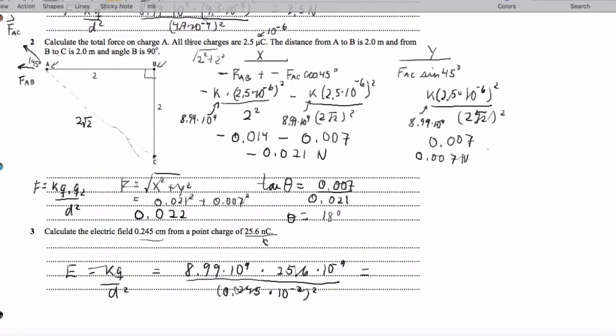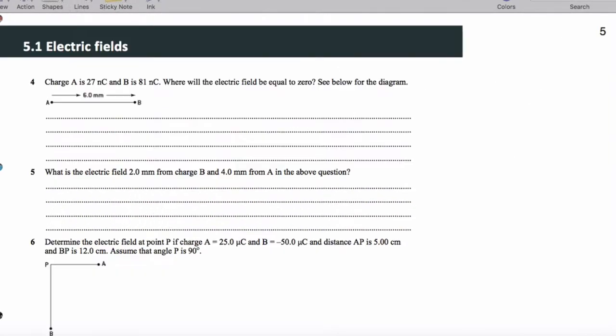No, it's in fact 0.245 times 10 to the negative 2 because I'm converting. So, yeah, that's how I do it. And so that ends up getting me about 9.4 times 10 to the 7th newtons per coulomb, or newtons coulombs to the negative 1.